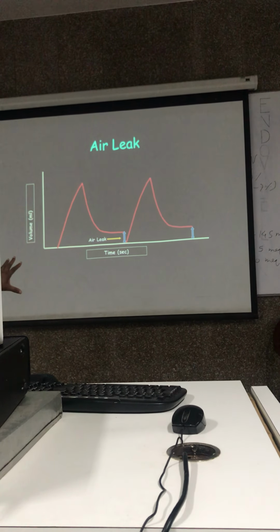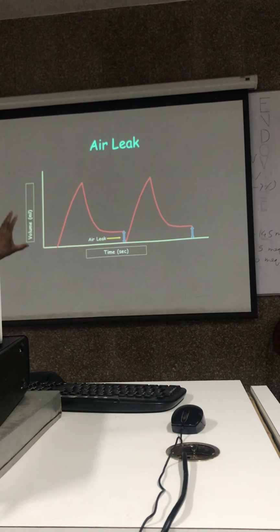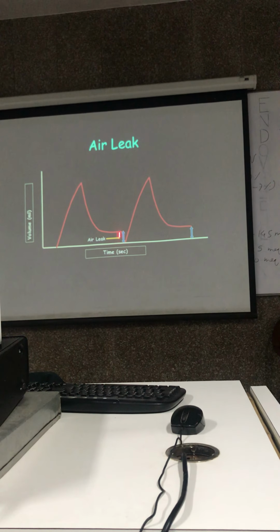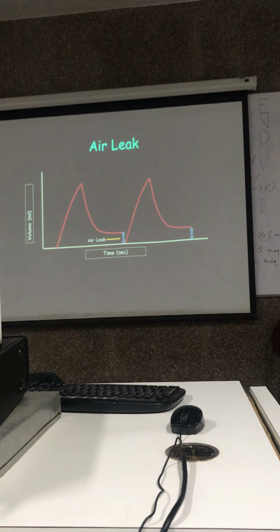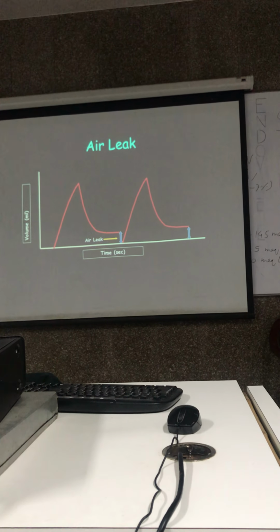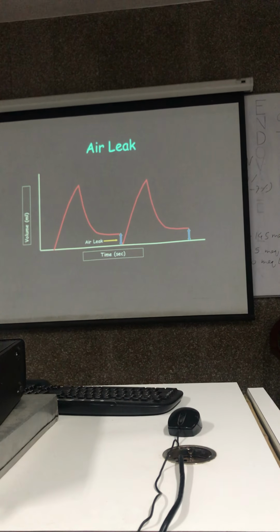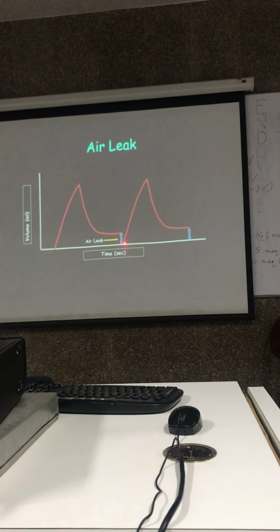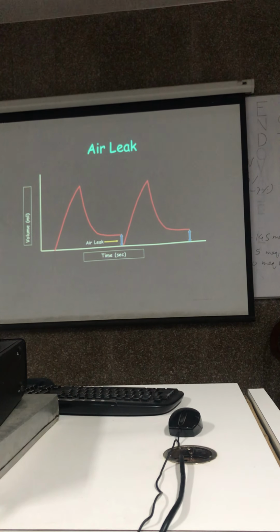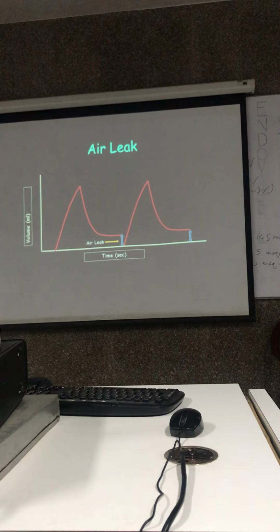So when you see that the expiratory limb does not touch baseline and stops short before the next ventilation starts, it's highly suggestive that there's an air leak in the system.